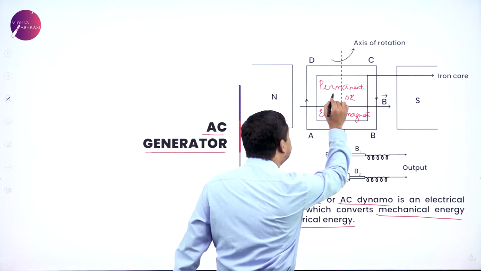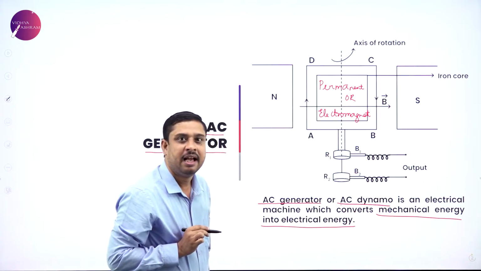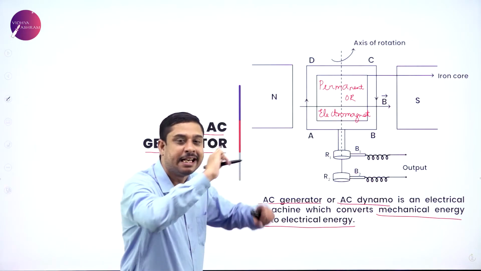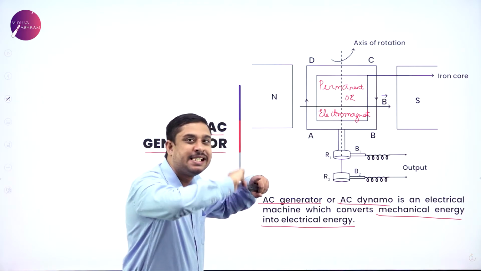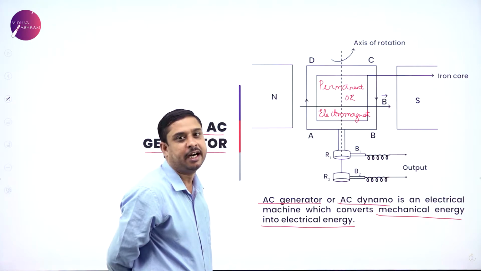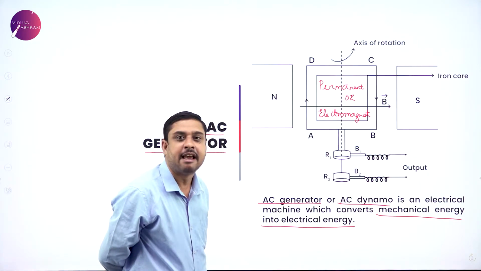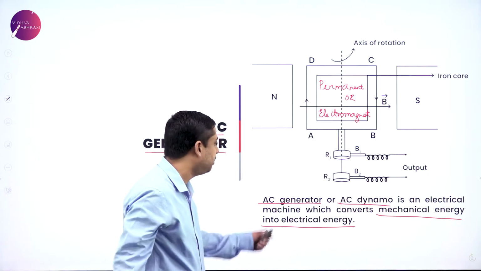At the center, there is a soft iron core, and that soft iron is wound using insulated copper wire. So A, B, C, D is the armature coil.